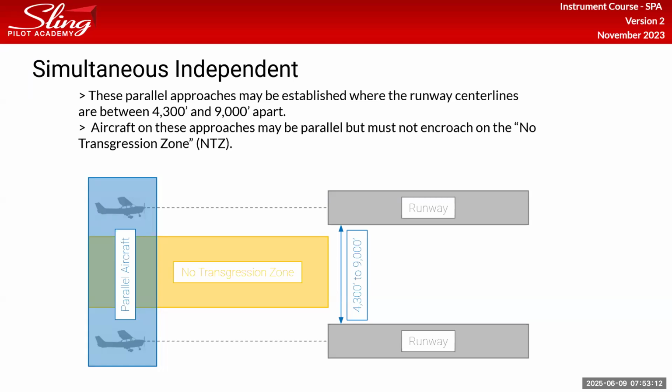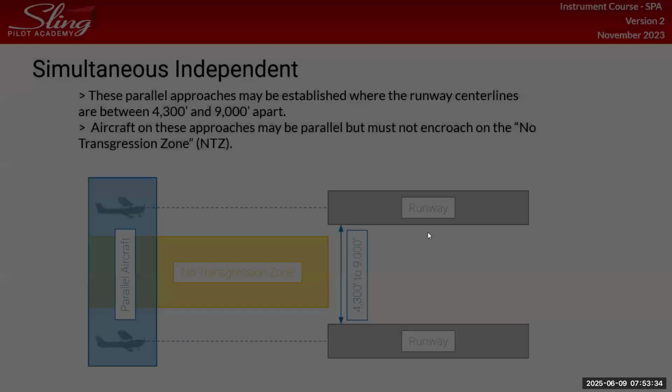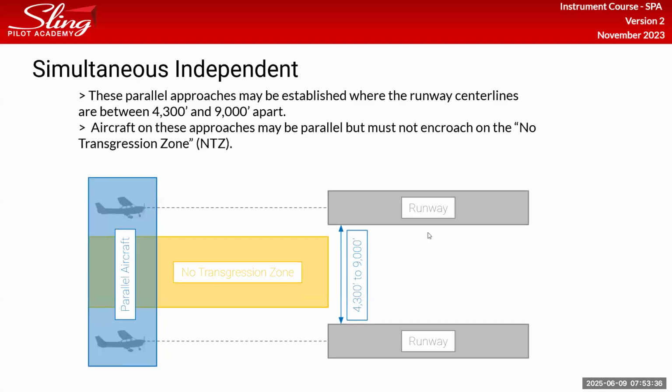Now, the question which I know you're going to ask, and I do not know the answer to, is whether Ontario's ILS is a dependent simultaneous or a simultaneous close independent. I do not know. We would have to probably measure.